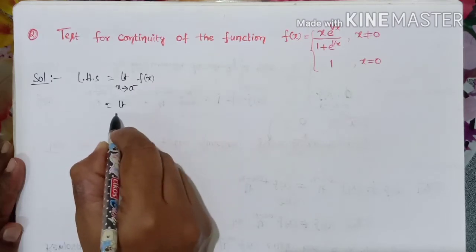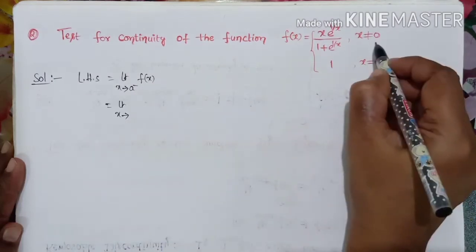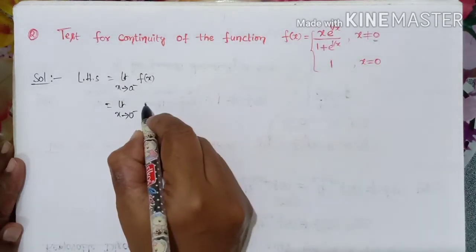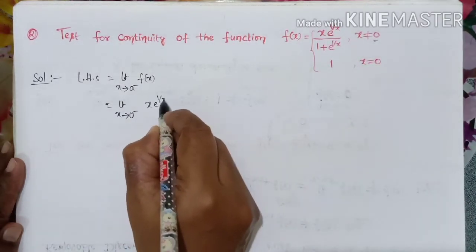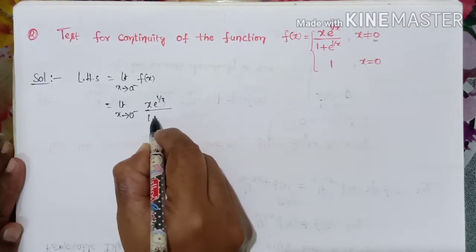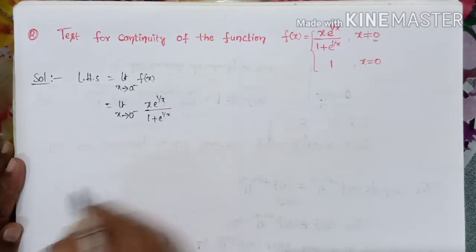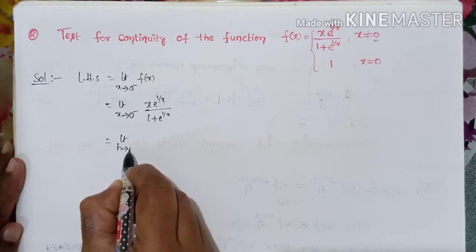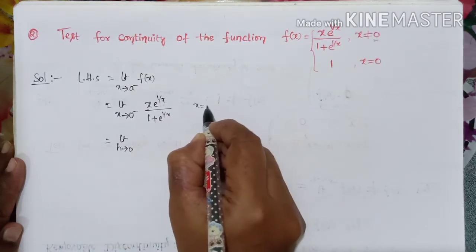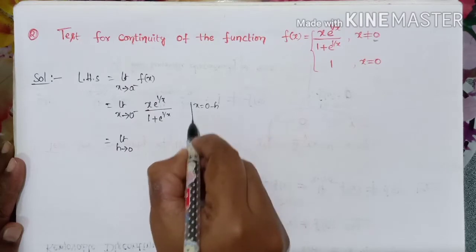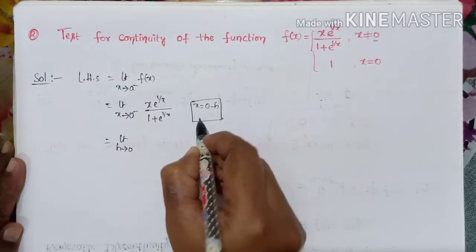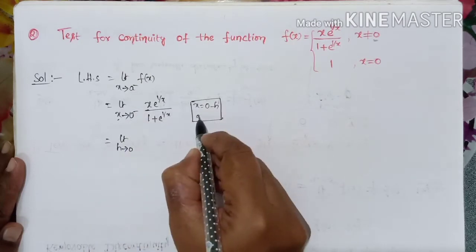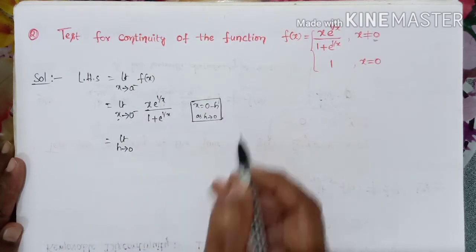The limit point here is 0. The limit as x tends to 0 minus of f(x), where f(x) is x into e power 1 by x by 1 plus e power 1 by x. We replace x by 0 minus h as h tends to 0.